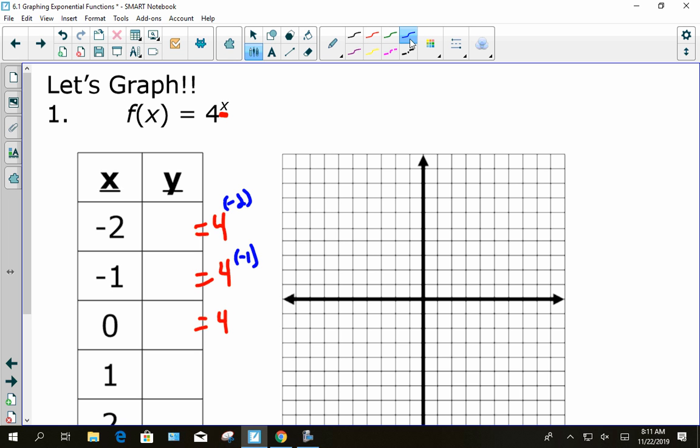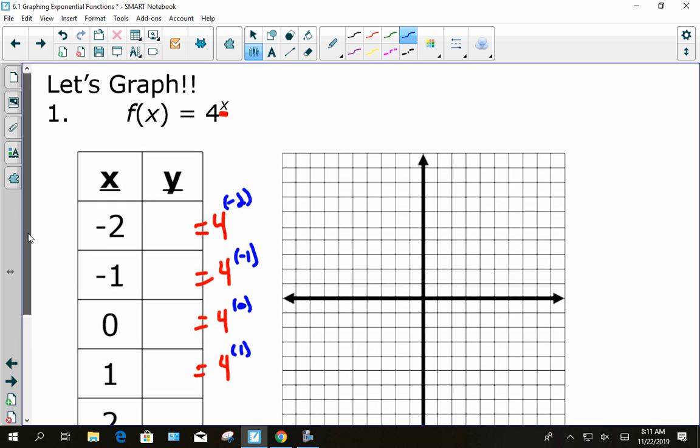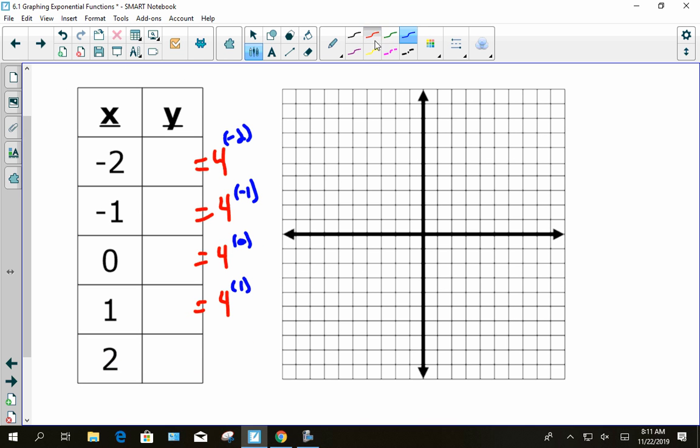The 0 goes right here. The 1 goes right here. And then the 2 goes right here. Okay. So we just made these numbers up, but now we're going to solve.